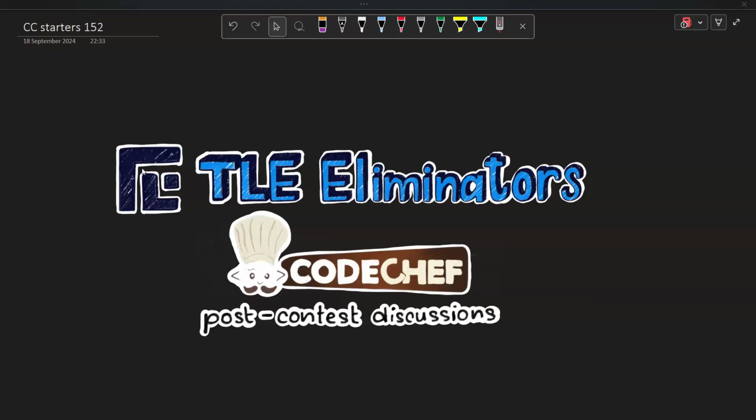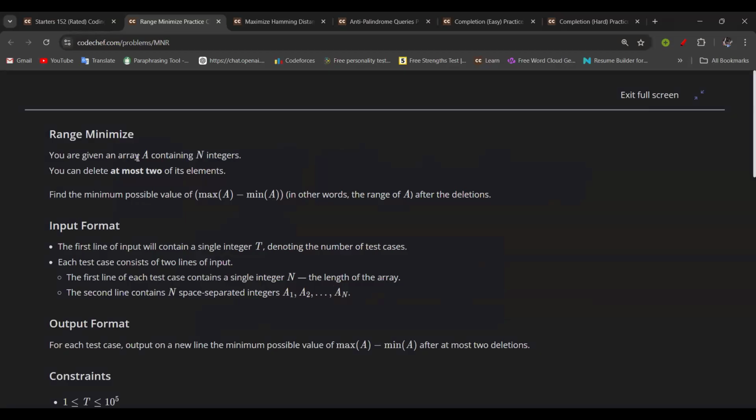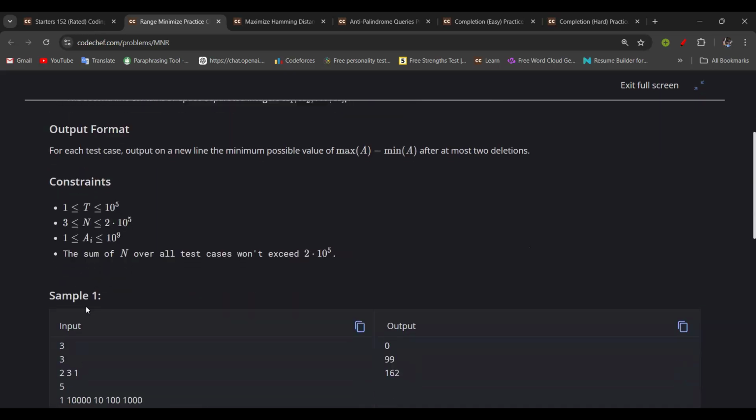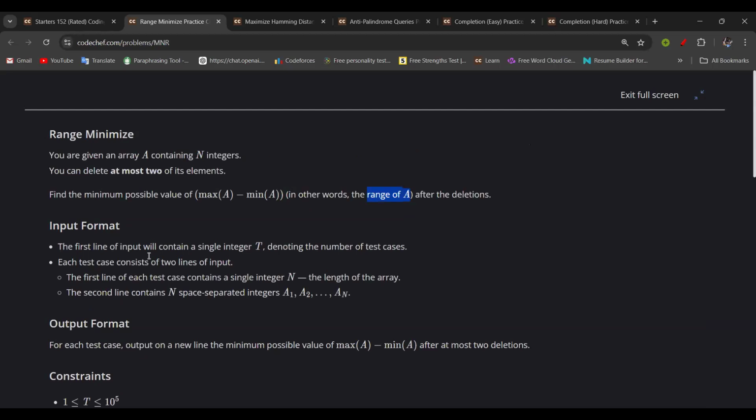Okay, in the first problem, you are given an array A containing n integers. You can delete at most two of its elements. Find the minimum possible value of max of A minus min of A. So for an array of size n, you can perform two deletion operations.